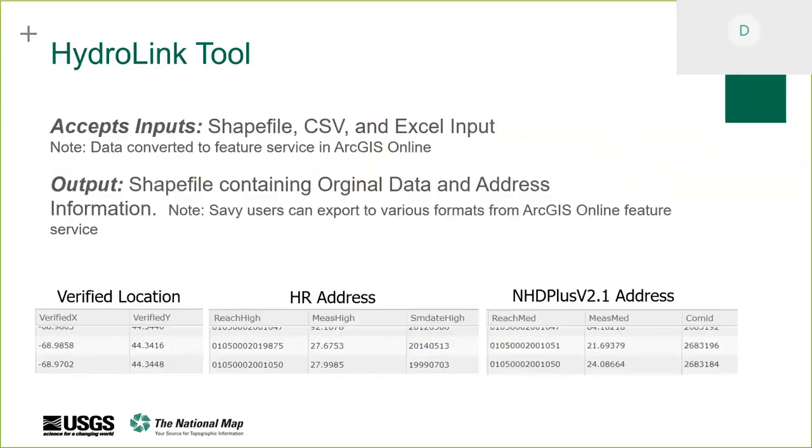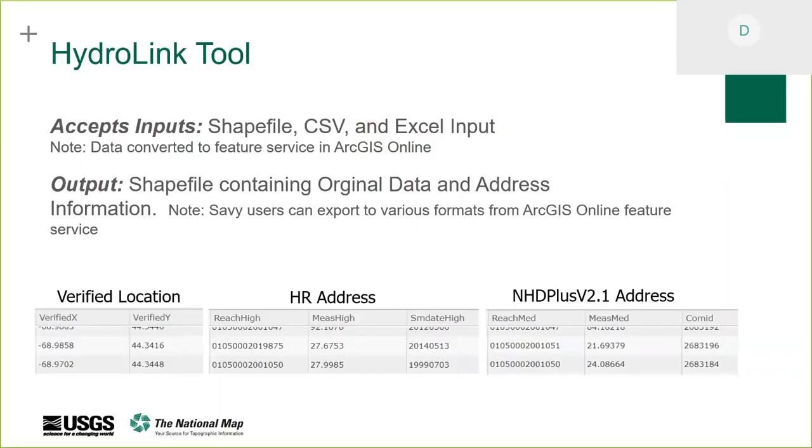The Hydrolink tool allows users to upload point data from a shapefile, CSV, or Excel spreadsheet. So this is to help remove a heavy lift for those scientists that don't really have that geospatial background.